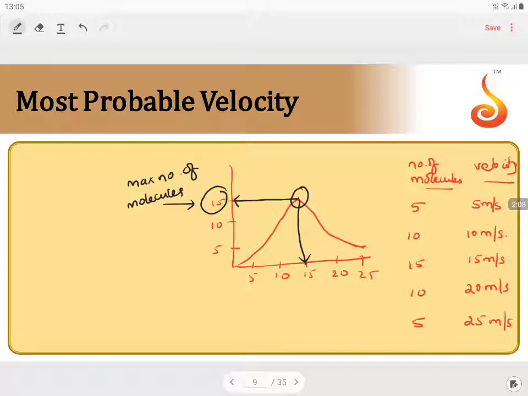This indicates maximum number of molecules. What does this indicate? It is the velocity possessed by the maximum number of molecules.